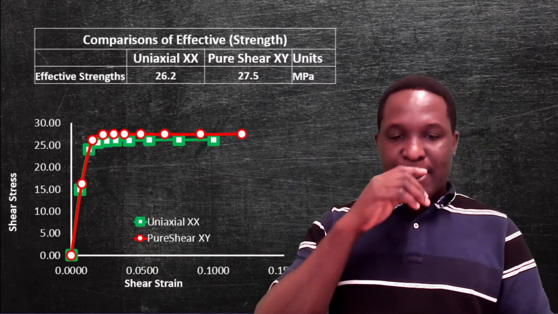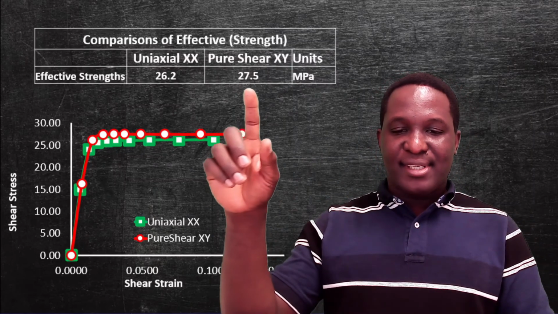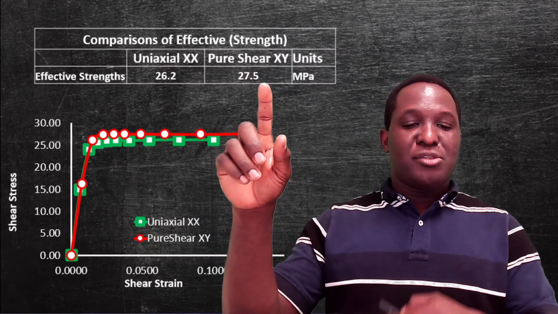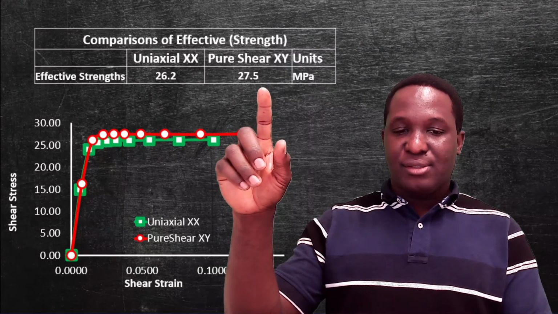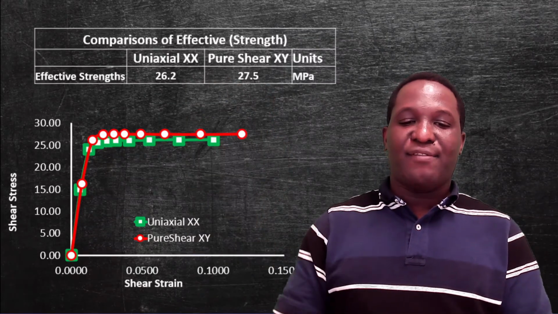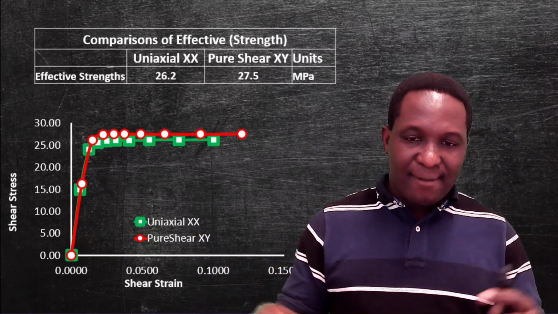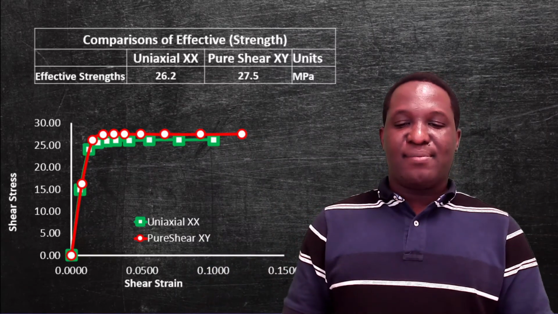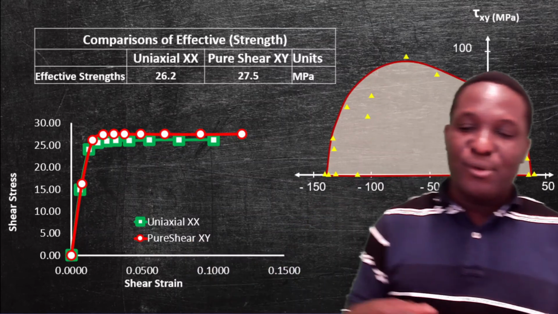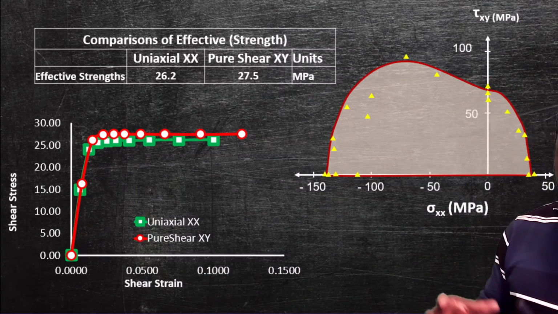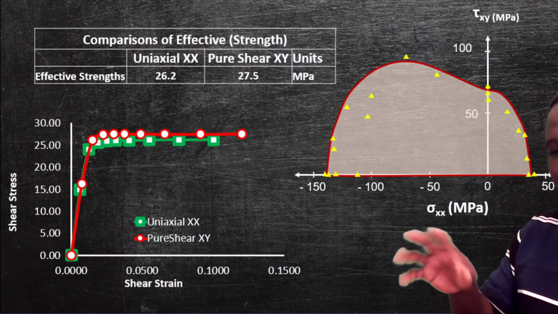If you think about the values, what we're looking at here basically is this value for the strength in the shear direction, and also the other value for the strength in the x direction. So we'll combine those two together. Now, how do we reflect this in terms of our graph? Again, if we go back to the expected failure envelope, this is sort of the failure envelope.